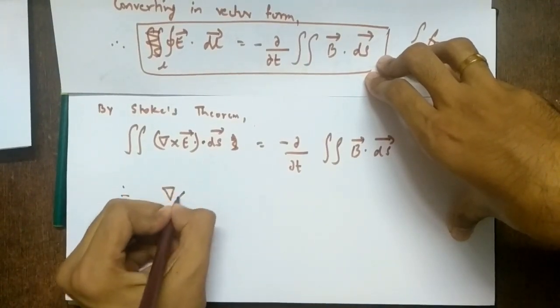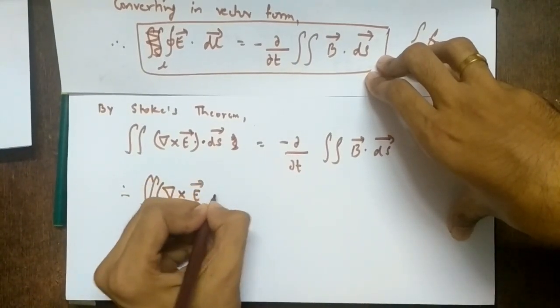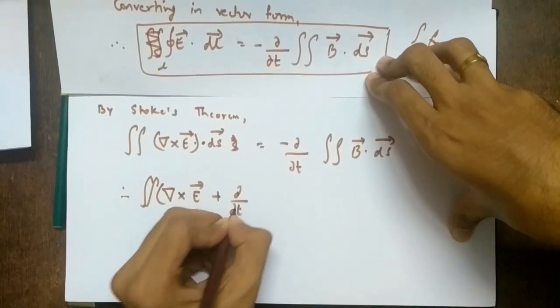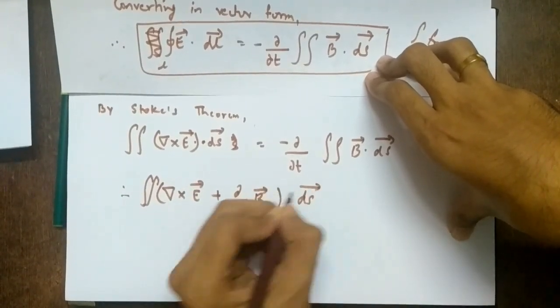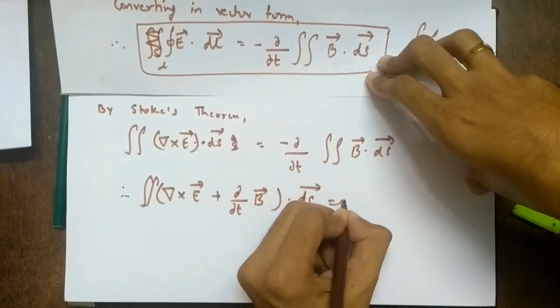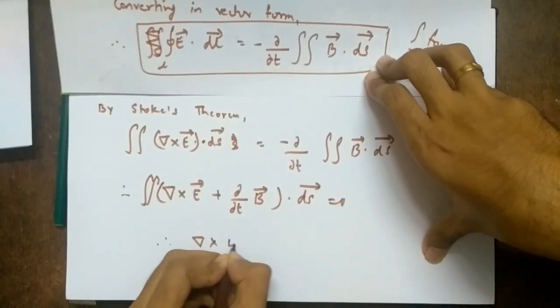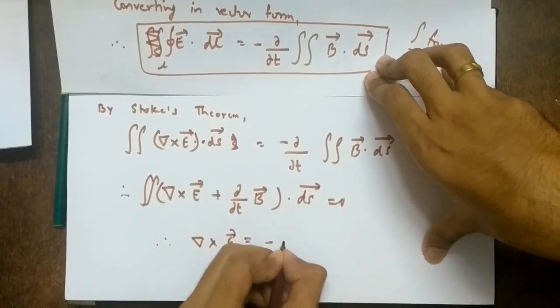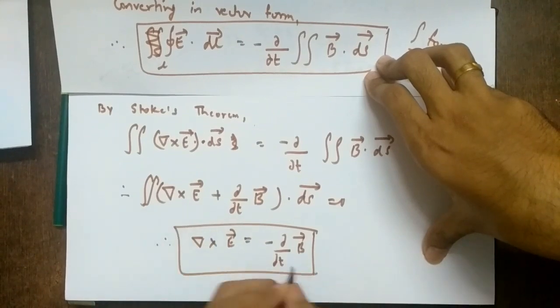So I can write, therefore surface integral of del cross E vector plus ∂ by ∂t of B vector dot ds vector equal to 0. So therefore this term is 0. So after solving, what will we get? Del cross E vector equal to minus ∂ by ∂t B vector. So I finally get this equation.